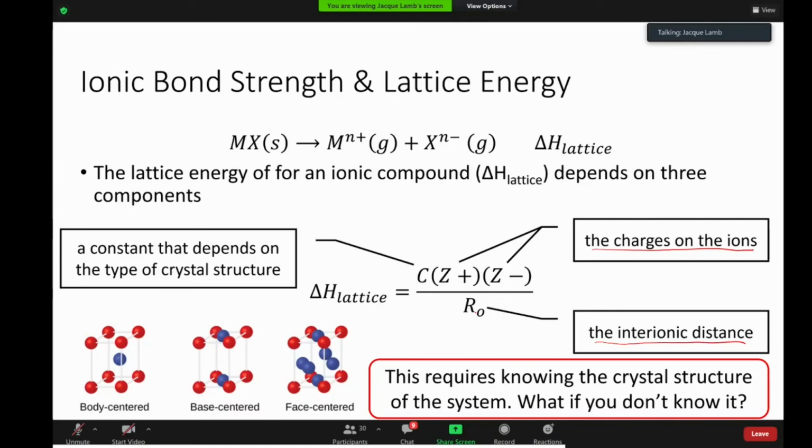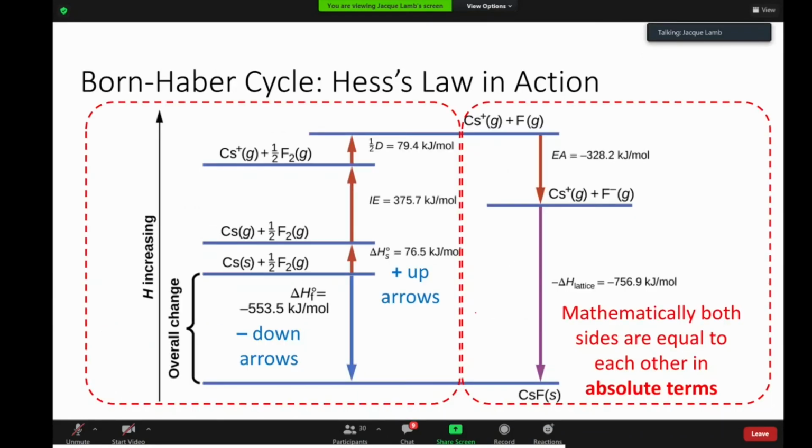So this is an example of how this is used, very similar to what we did before with Hess's law. We can break this down into separate reactions. This would be the formation of, or the lattice energy for, cesium fluoride. Up arrows and down arrows indicate whether it's endothermic or exothermic.